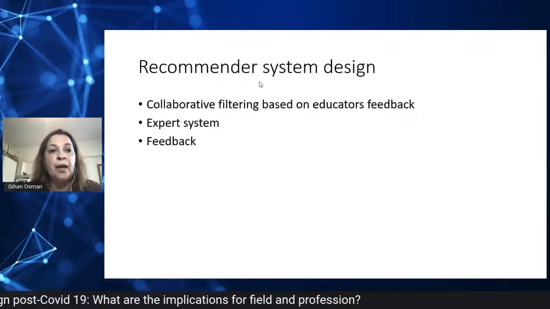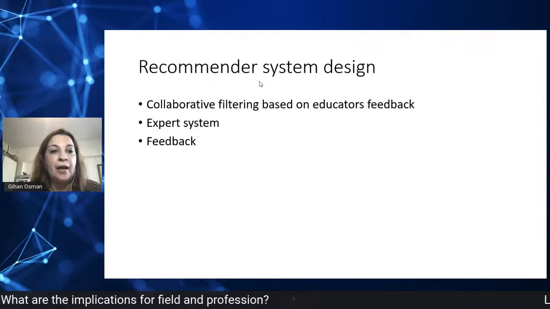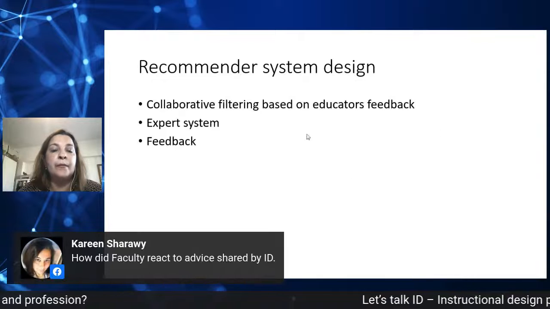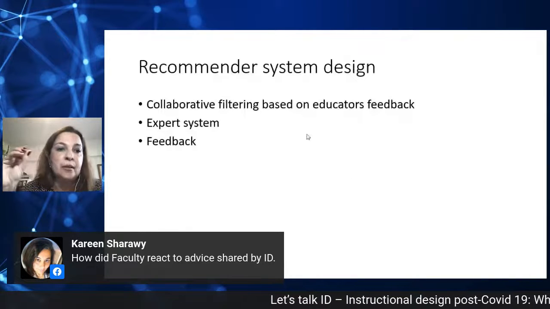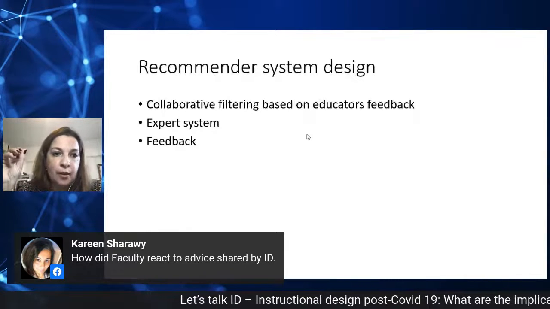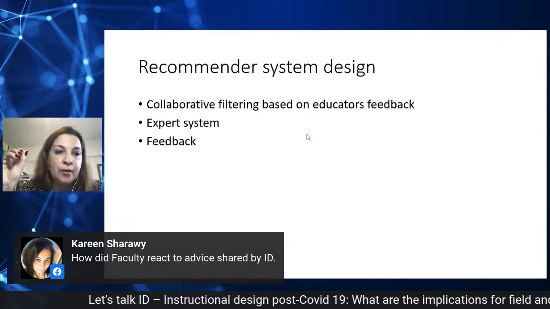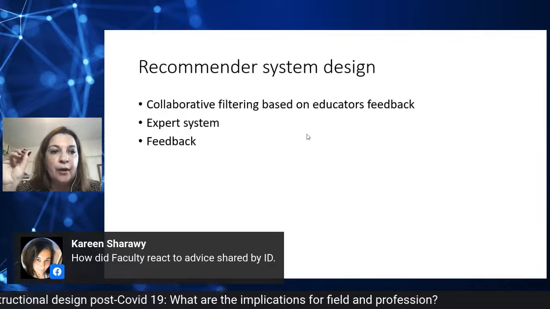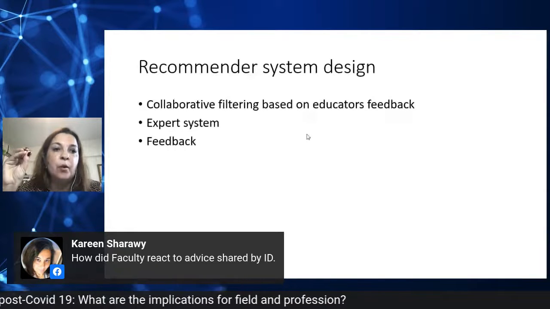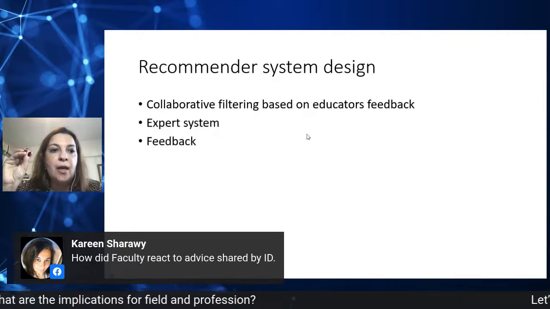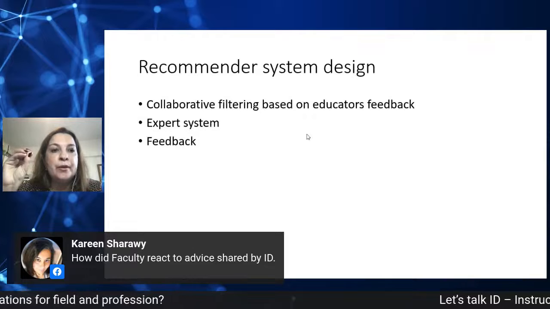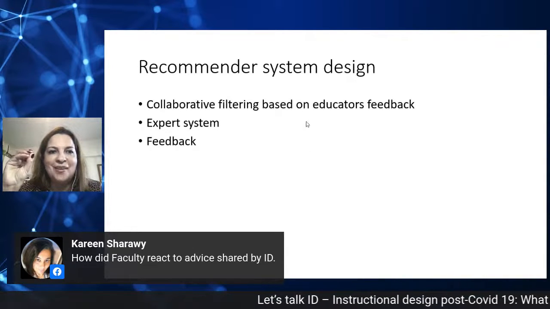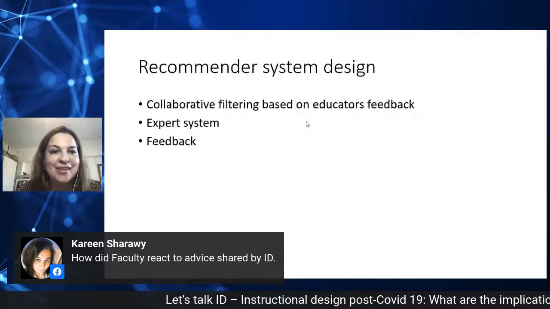The feedback given by faculty on the chatbot would go into the system again to make it more intelligent and more successful in providing effective solutions. We tried that out with a small group of faculty, and the results we got were quite promising, and also positive for instructional designers.